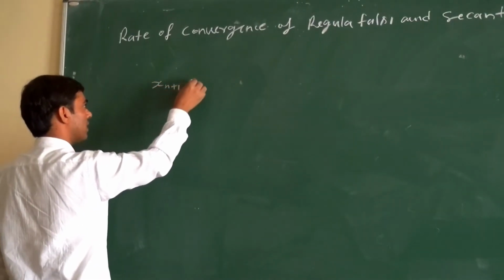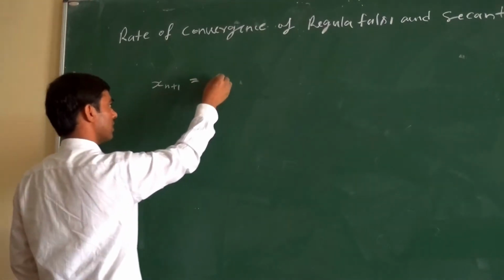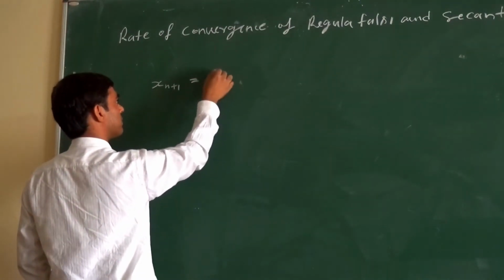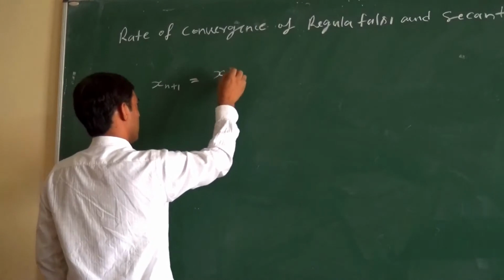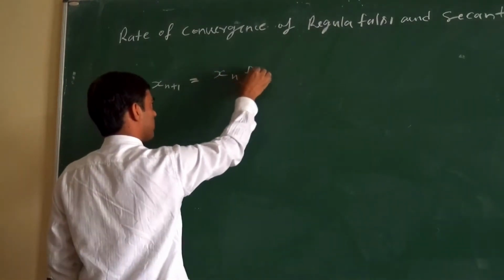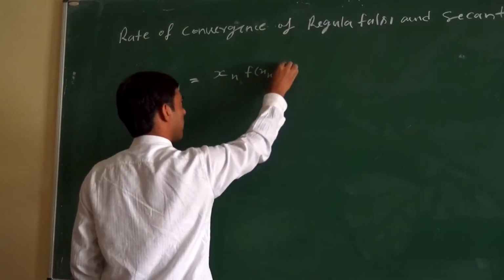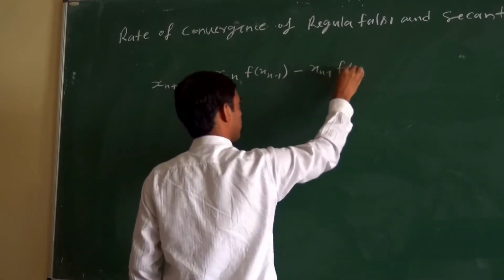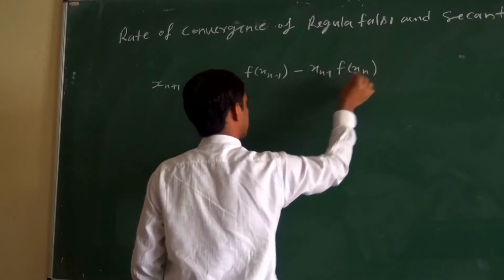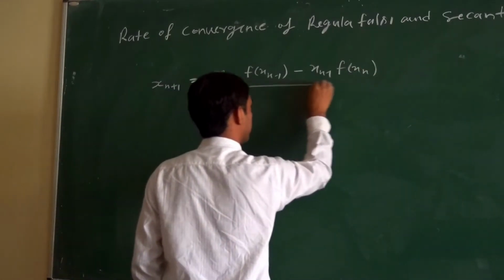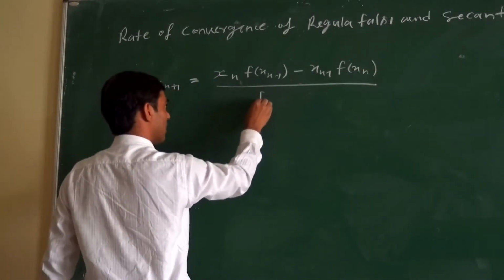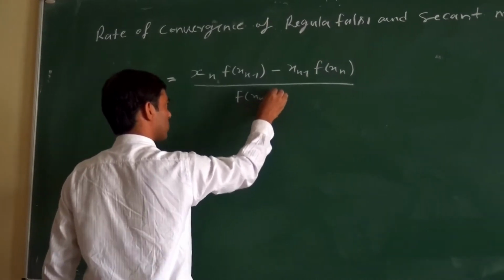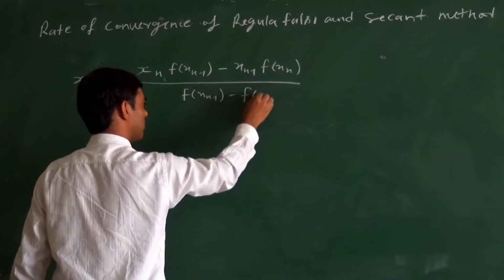Xn plus 1 equals Xn f of Xn minus 1 minus Xn minus 1 f of Xn, divided by f of Xn minus 1 minus f of Xn.